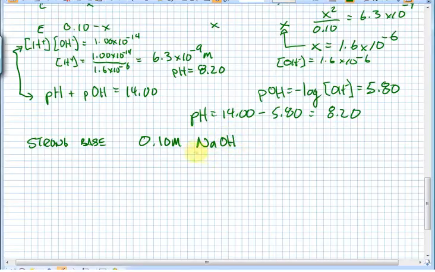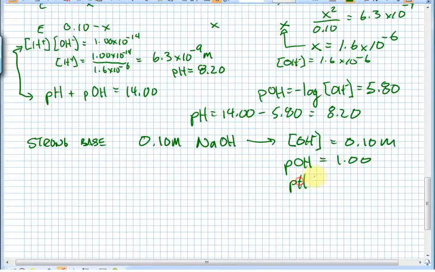Again, sodium hydroxide would be completely dissociated. Therefore, the hydroxide ion concentration in 0.10 molar sodium hydroxide would be equal to 0.10 molar. The pOH of this solution would be 1.